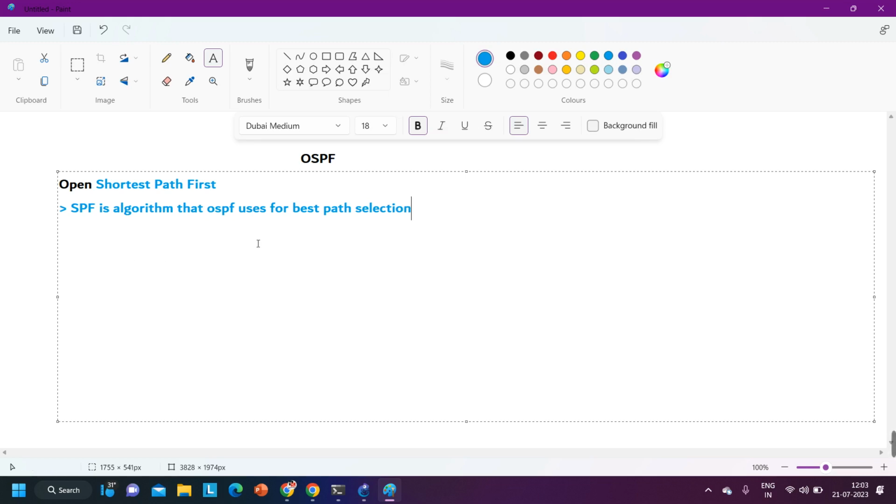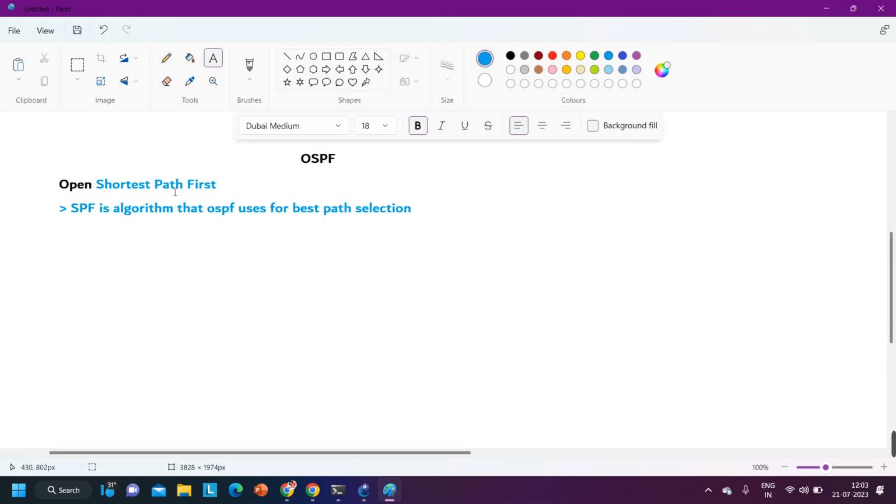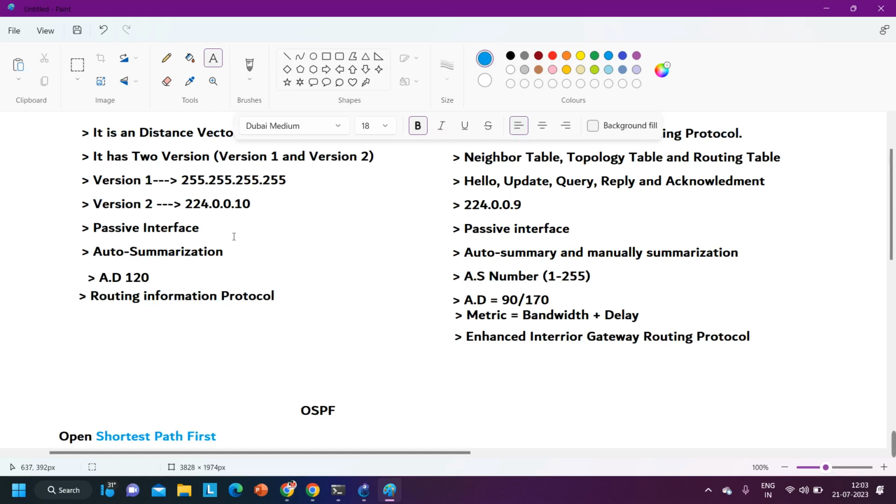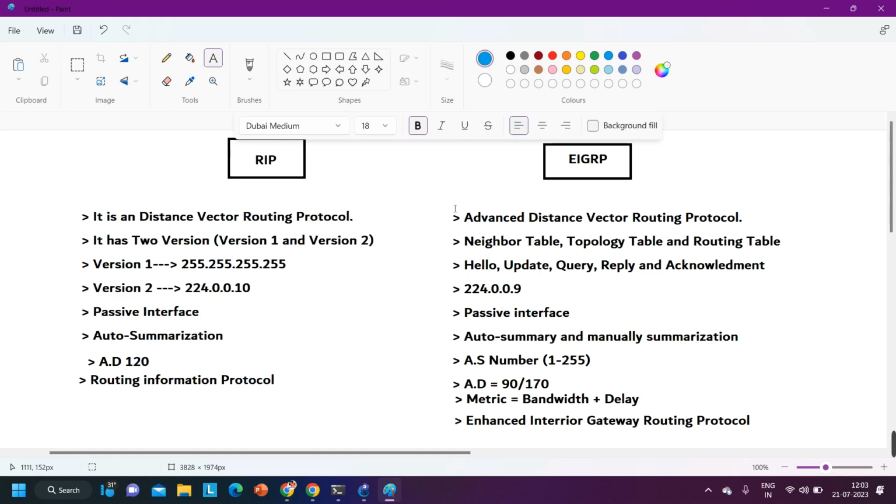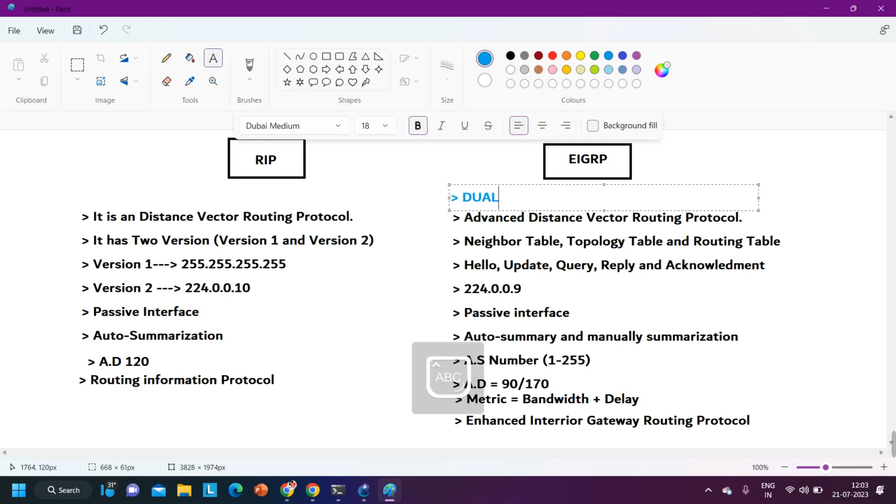Now, tell me, what algorithm does EIGRP use for best path selection? EIGRP uses the DUAL algorithm, as you all know. DUAL, the Diffusing Update Algorithm. And in DUAL, we have four terms. One is FD, feasible distance. Second is RD, reported distance.